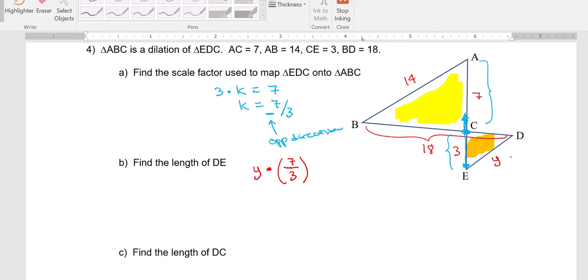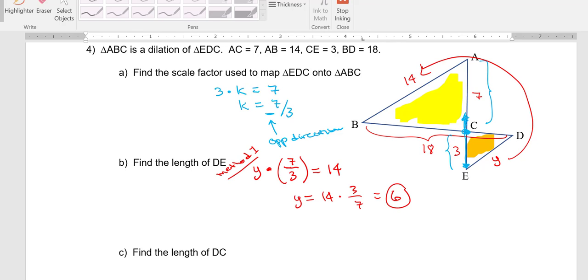So 7/3 times y is going to give you, over here, 14. And so if I solve for y here, multiply both sides by 3/7, y is going to be equal to 14 times 3/7, which is 6. So y is going to be equal to 6. That would be the way to do this using scale factor. This is what's called method 1.